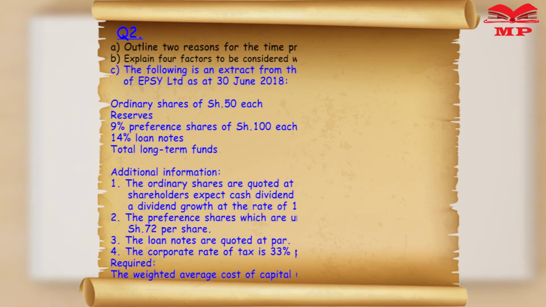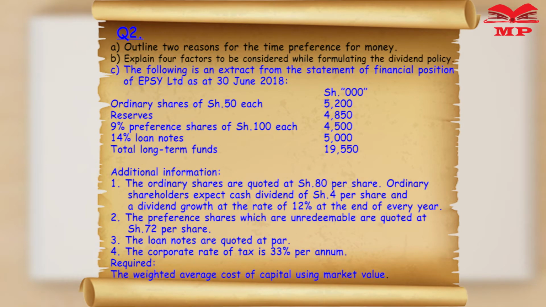I'm going to answer question C. It says, the following is an extract from the statement of financial position of FC Limited as at 30th June 2018. There are 2 columns, one for money, the other one for details. Ordinary shares of 50 shillings each, 5.2 million.